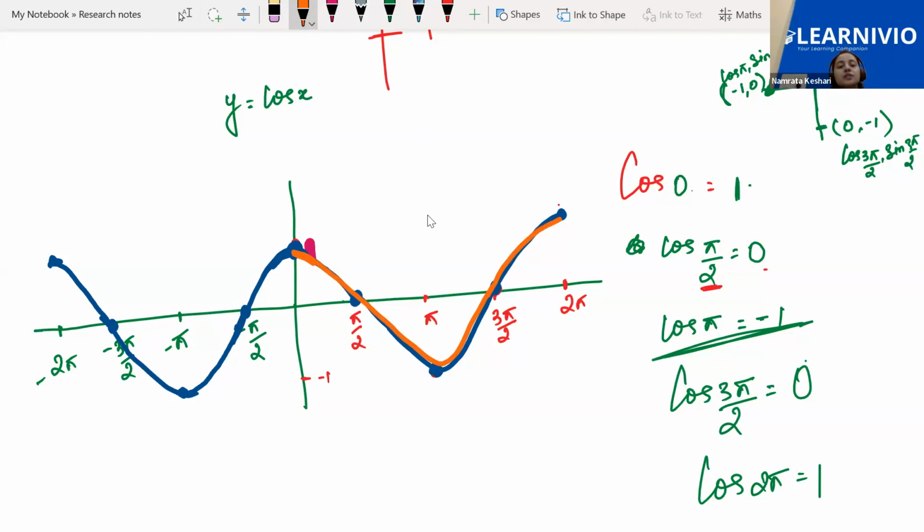Cos each cycle looks like this, from 0 it will keep on continuing. It started from the highest point and ended at the highest point. Again here also the period, each cycle's length, will be 2 pi radians. Check it.